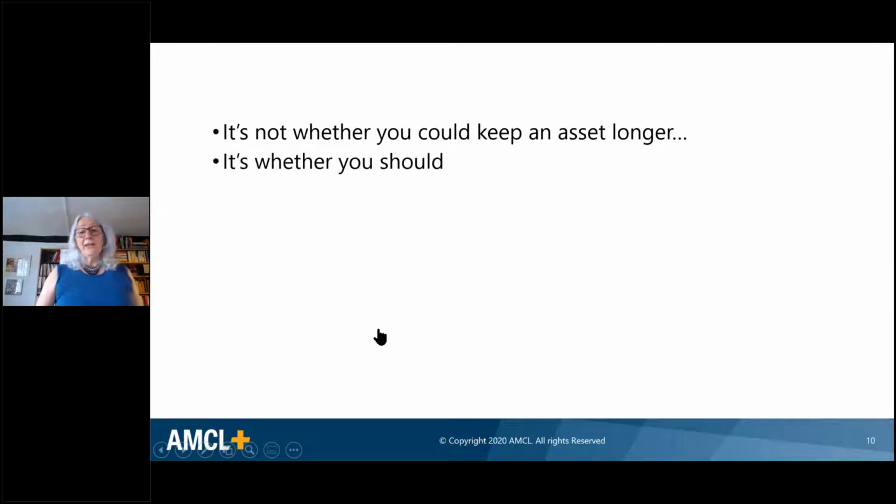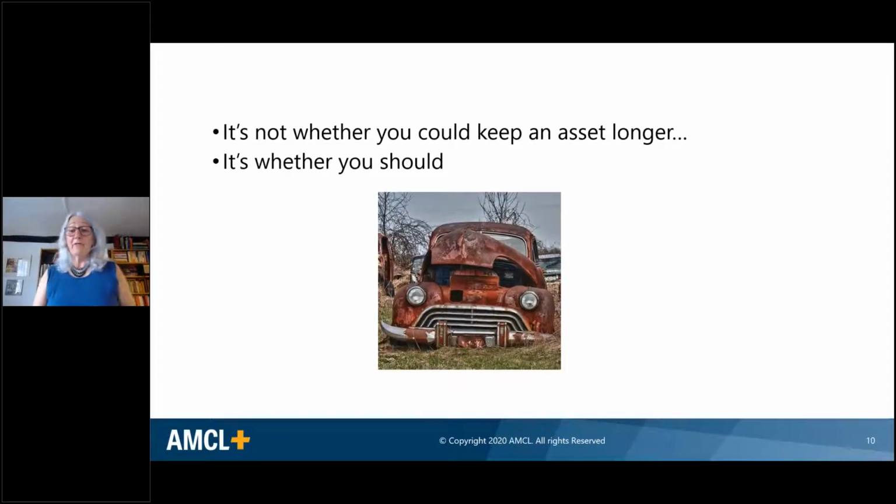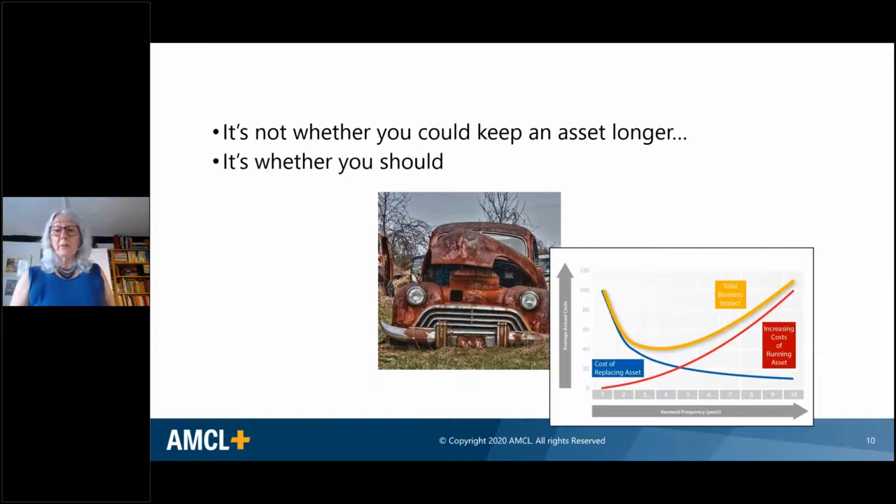First of all, I think there's a question of, it's not whether you could keep an asset longer, meaning could you kind of stretch it out by a bit of sealing wax and string, but whether you should. The idea that there is actually an optimum time to keep an asset, and that's often long before it actually falls apart in a heap of rust. In fact, by the time many assets actually finally fail, you may well have gone beyond the optimum time.